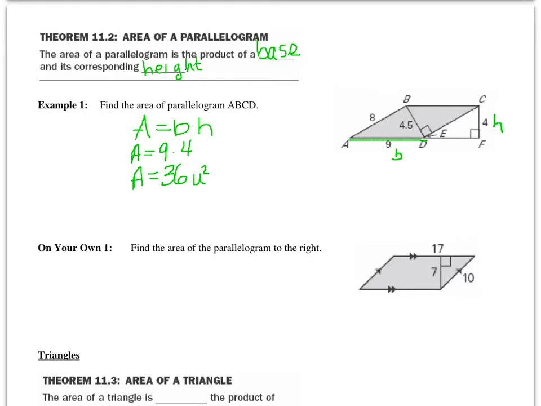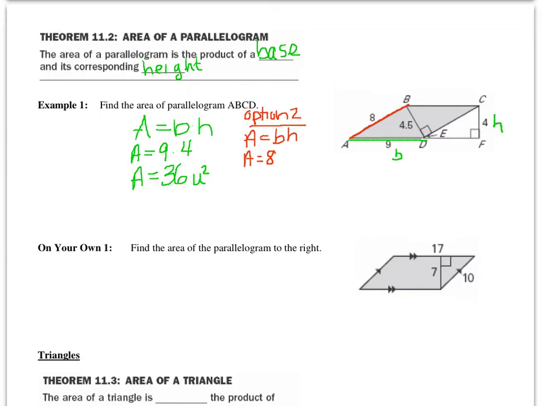Then our second option for this problem, just put option 2 here. I'll do this one all in red. We're still going to say area equals base times height. This time, though, I'm going to say my area right here, that's going to be my base. So my base is going to be 8, and I need a height that's perpendicular to it.